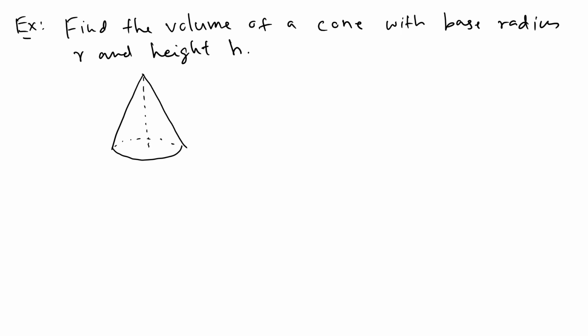That's the height, which is h, and the radius is r. You can show that this is exactly equal to 1/3 pi r squared h. See whether you can get this answer using calculus.